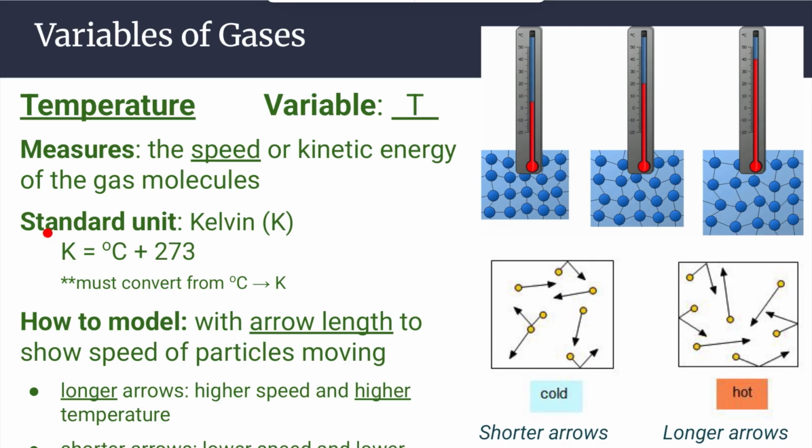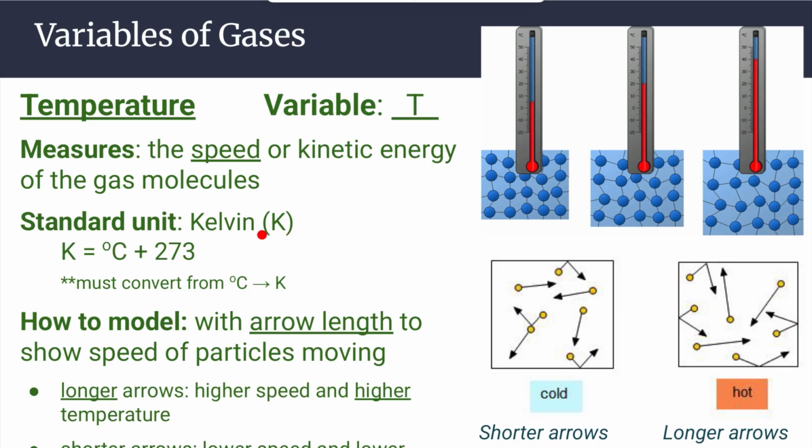How do we measure temperature? Well, when we're dealing with the Celsius system, we are dealing with negatives. And our gas relationship with the calculations are not going to show the correct relationships if we're using negatives. So when we're working with gases, we actually need to switch to Kelvin.